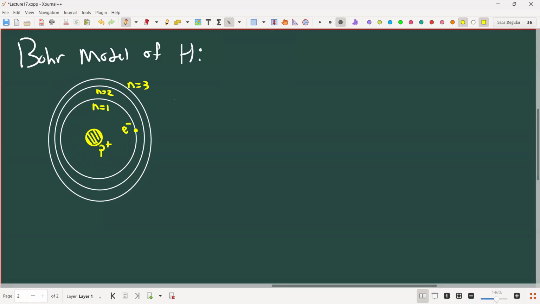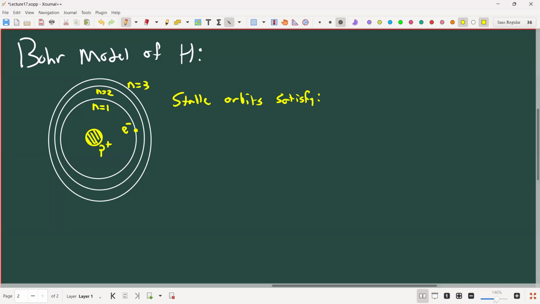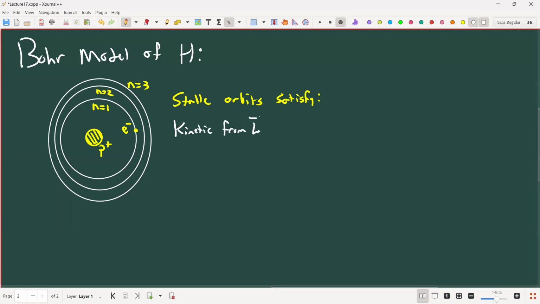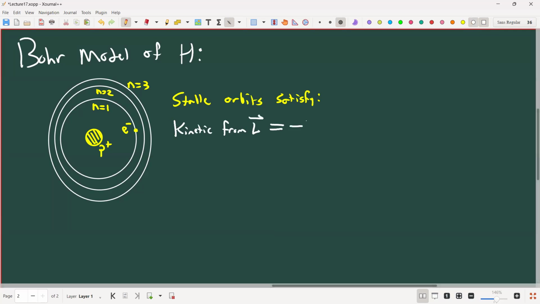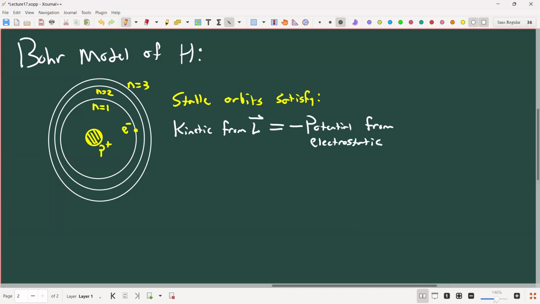The electron is orbiting, and these stable orbits satisfy the following energy conservation, which is that the kinetic energy from angular momentum is equal and opposite to the potential energy from electrostatic attraction. So the idea is that the electron is spinning fast enough that the energy associated with that compensates the attractive potential of the proton, keeping it from sucking the electron in.